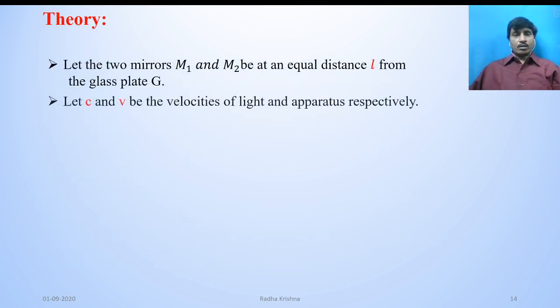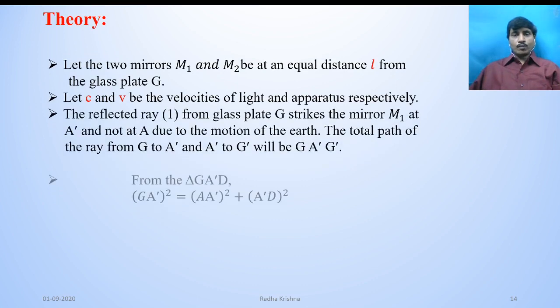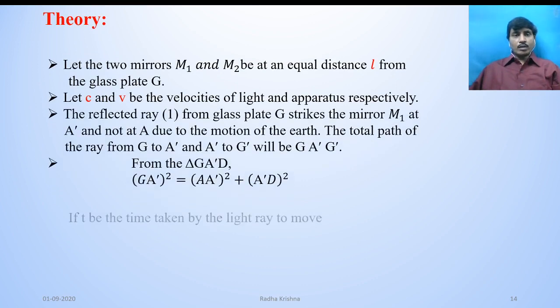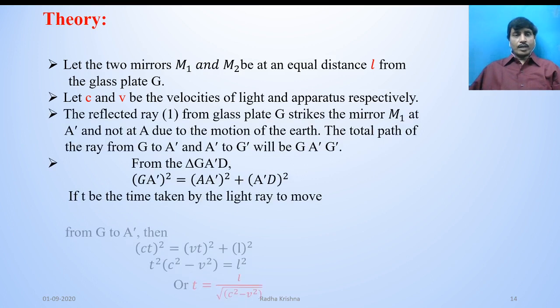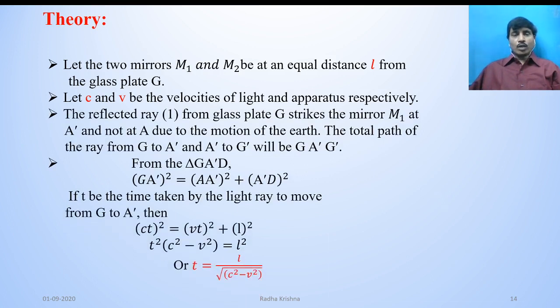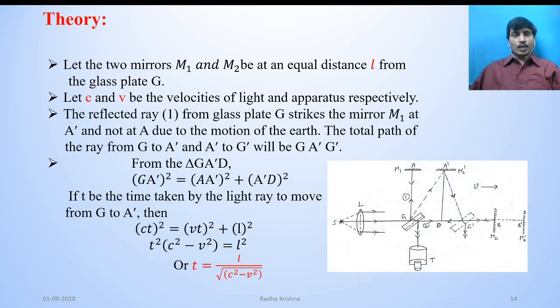Theory. Let the two mirrors M1 and M2 be at equal distance L from the glass plate G. Let c and v be the velocities of light and the apparatus respectively. The reflected ray 1 from glass plate G strikes the mirror M1 at A' and not at A due to the motion of the Earth.